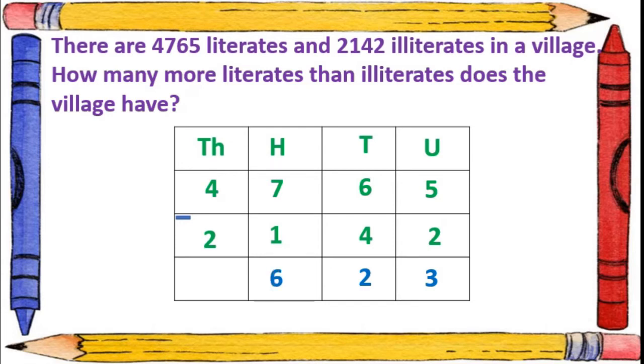Correct? 4,000 minus 2,000 is equal to 2,000. Means this is a subtraction without borrowing. Isn't it? Now what is the answer? We got 2,623 more literates than the illiterates in that village.